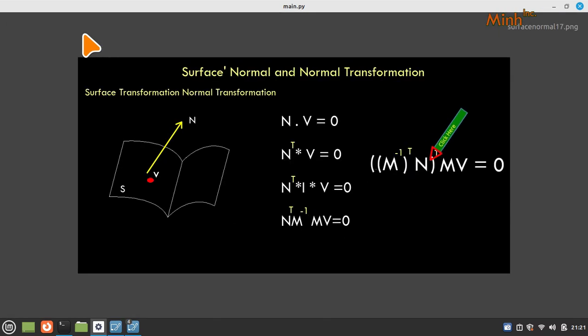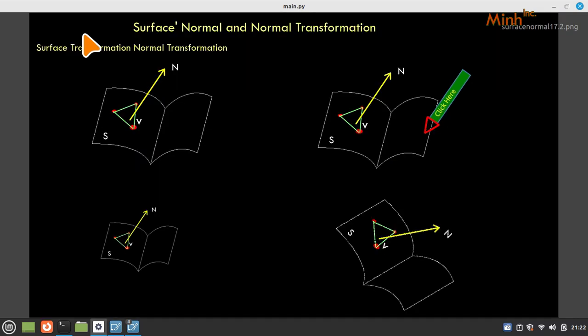If there is a vertex and there is a transformation M, then for the normal there is a transformation, inverse and transpose. What is inverse and transpose? Inverse and transpose is nothing but only rotation. There is no translation. Can we see this?